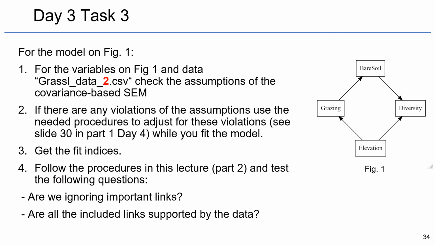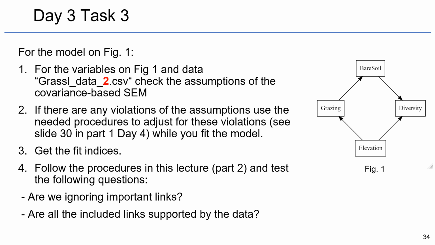For each variable in this model, check the assumptions of the covariance-based SEM, using the first part of the lecture today. Then, if there are any violations of these assumptions, use the needed procedures to adjust for these violations. You can see slide 30 in part 1 of the lecture today for some help.